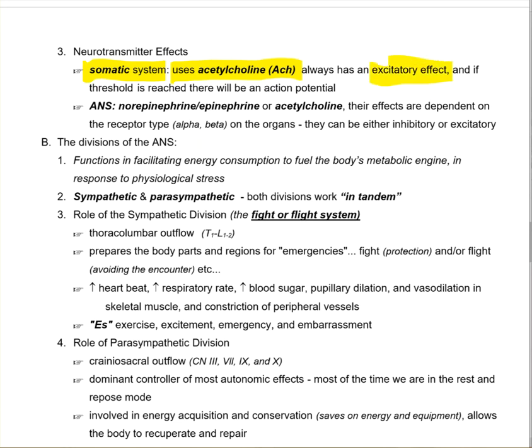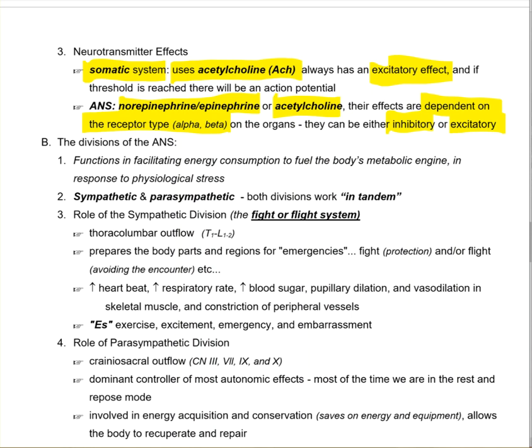So if there's enough, we get an action potential, the muscle will contract. In the ANS, we either use epinephrine, norepinephrine, or acetylcholine, and their effects are dependent on receptor type. And there's those different receptor types, alpha and beta receptors. And so they'll either be inhibitory or excitatory, depending on what kind of receptors there are. We'll talk more about that later.